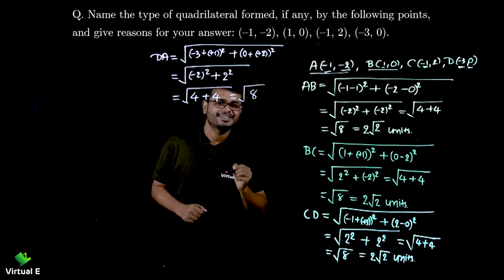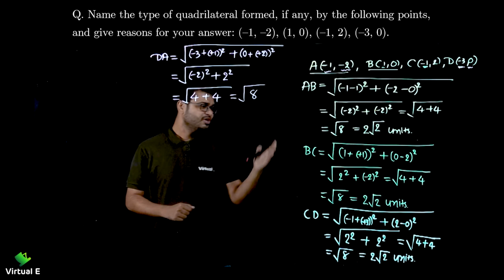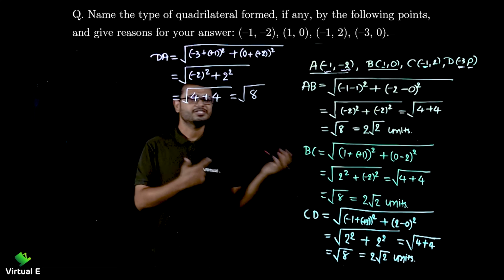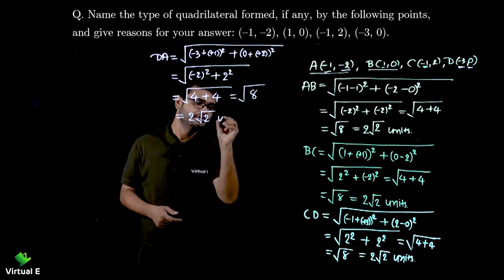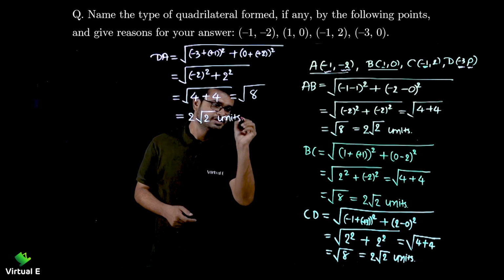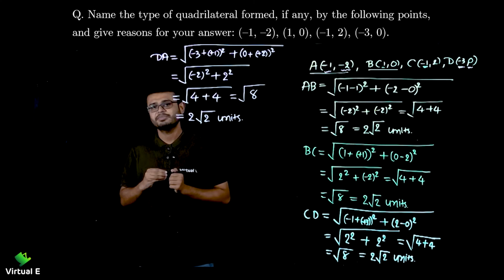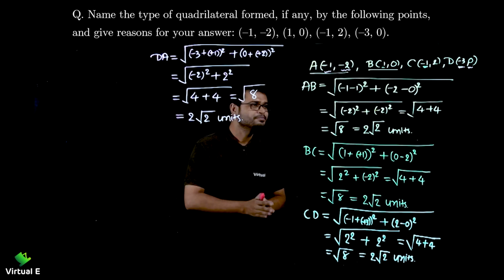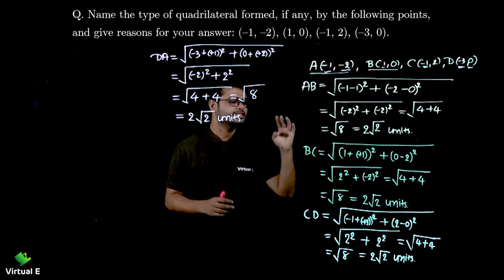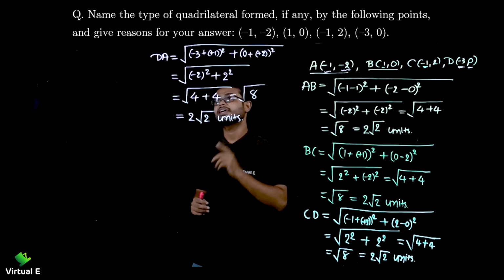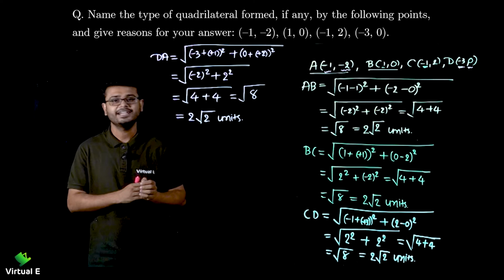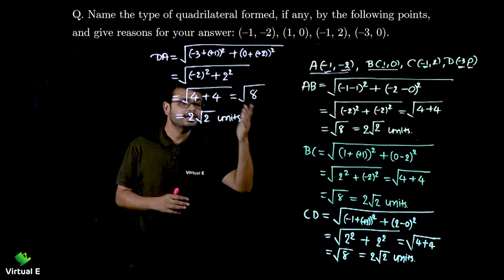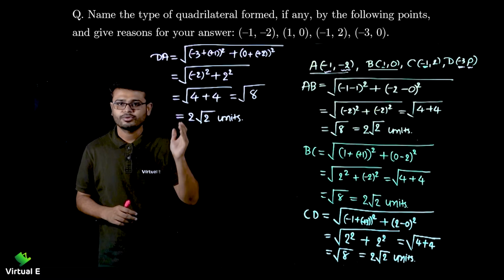Square root of 8, right? Because we are getting all same answers, that's why I'm smiling. So here 2 square root of 2 units. So my first step is done. It was very lengthy though, finding all four sides AB, BC, CD and DA, and in each case we are getting side as square root of 8, or you can also say 2 square root of 2.